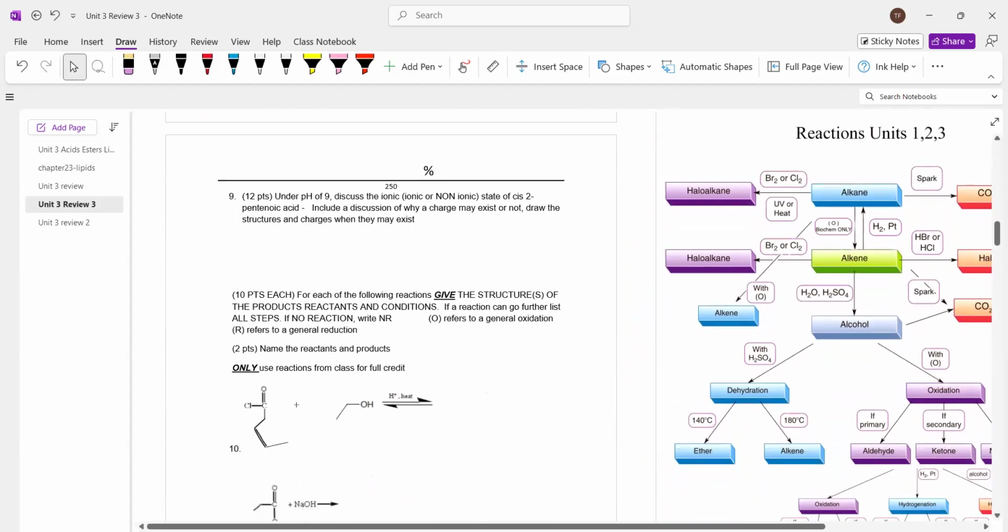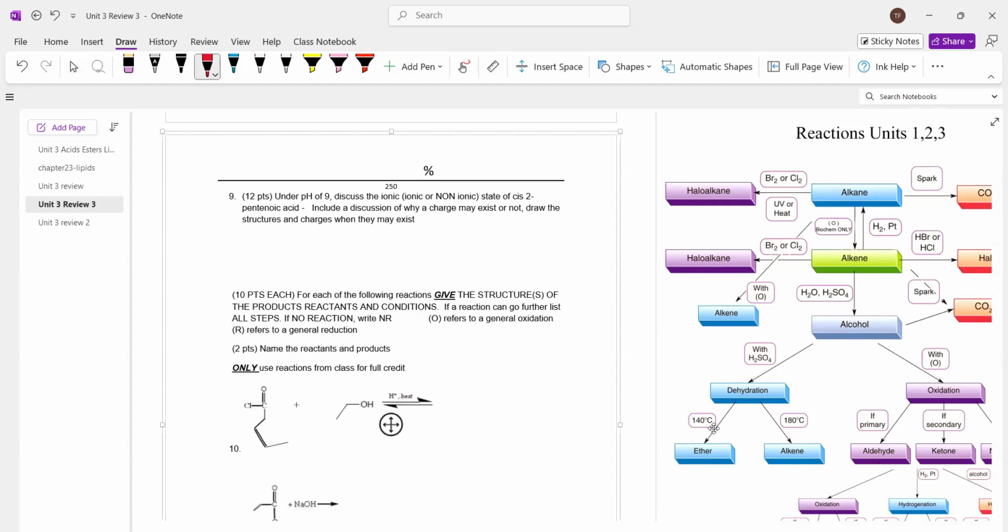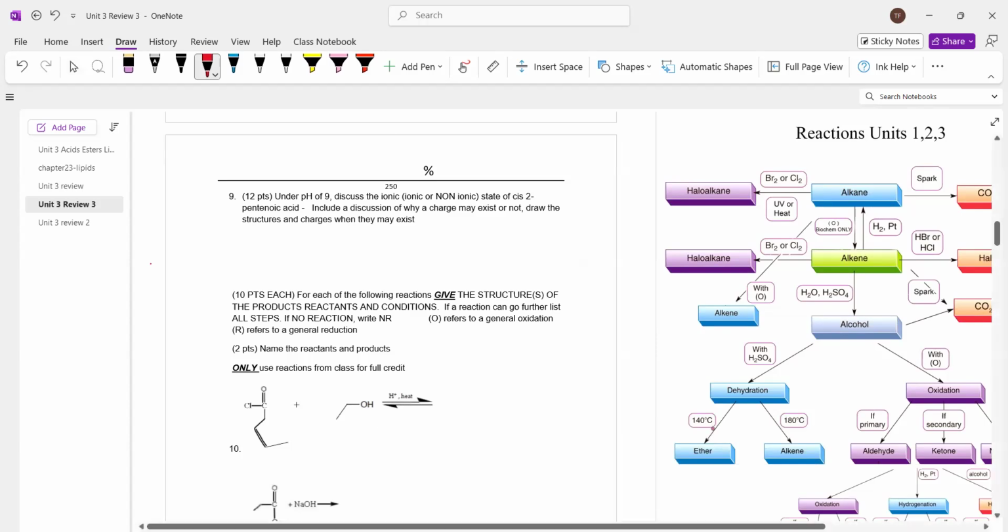Okay, under pH 9. That means it's alkaline or basic. And discuss the ionic or non-ionic state of cis-2-pentenoic acid. Okay, so let's draw it. Pentanoic acid, of course, is 5 carbons.